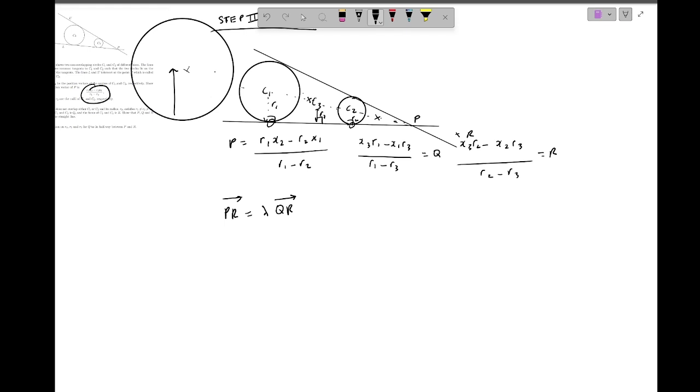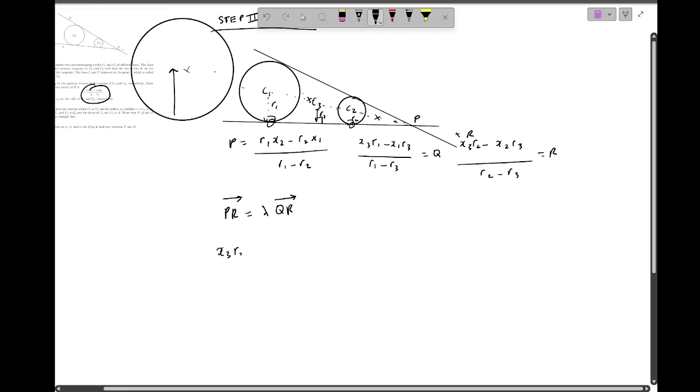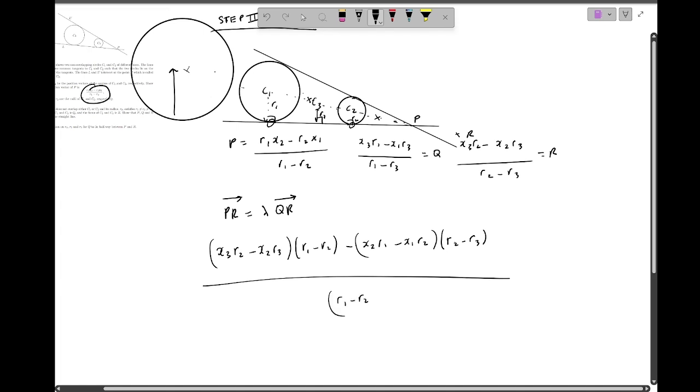So if we have PR, that's equal to R minus P, which is x3 r2 minus x2 r3 times (r1 minus r2) minus (x2 r1 minus x1 r2) times (r2 minus r3), all over (r1 minus r2) times (r2 minus r3).